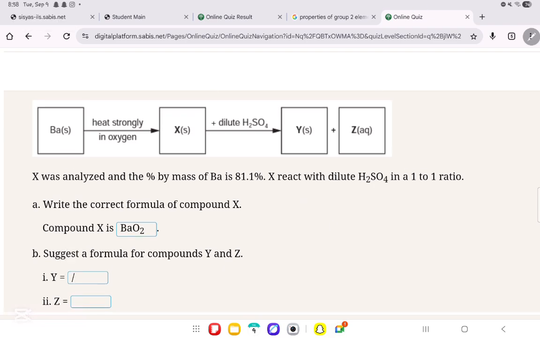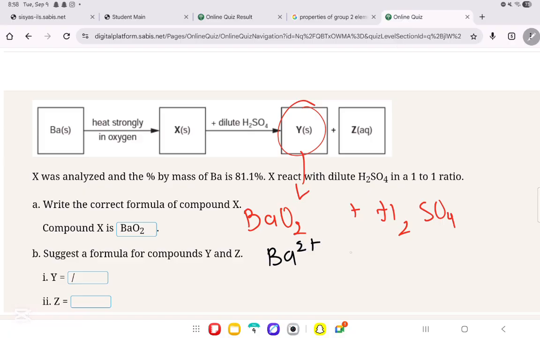First of all, Y is solid, meaning there is a salt that is formed between barium dioxide and H2SO4. In my opinion, look what I will do. I will do BaO2 plus H2SO4. And then I separate into their ions, Ba2+, O2-, but in this case it's 2O2-, plus H+, in this case it's 2H+.